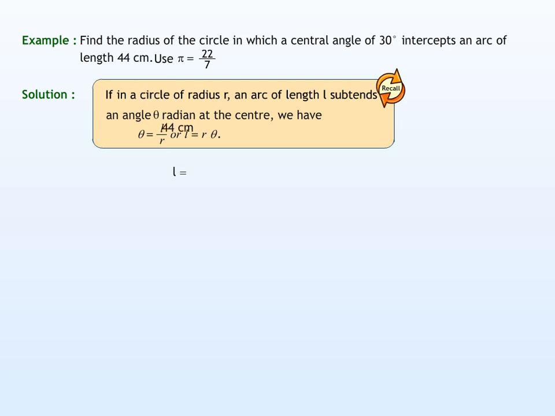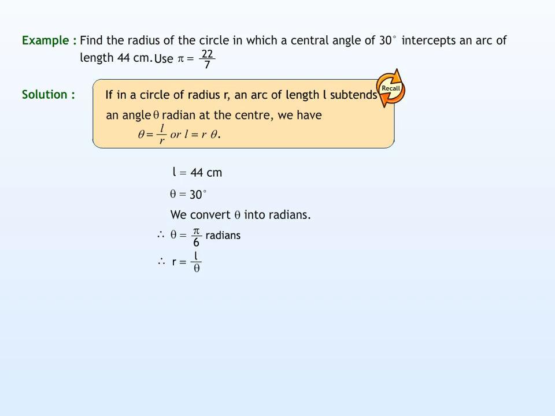Now L in this case is given to us as 44 centimeters and theta is equal to 30 degrees. We convert theta into radians. So 30 degrees is pi by 6 radians. Therefore theta is equal to pi by 6 radians.